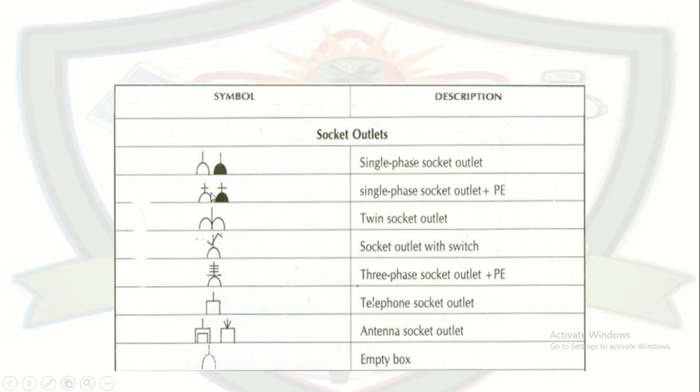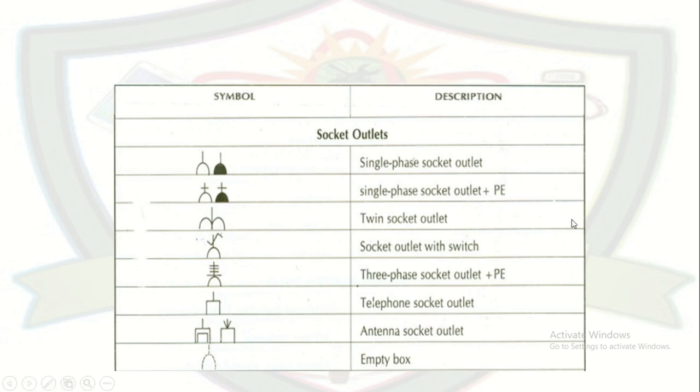This kind of socket has a third terminal. It has a third terminal that is used for protectioners, and this is twin socket outlet. On one socket there are two different sockets.